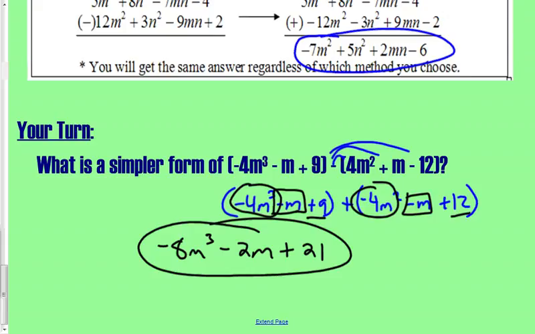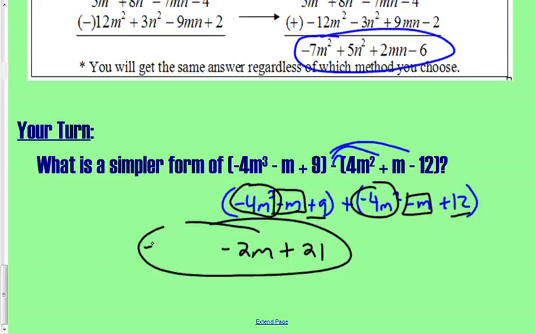All right, so there's my result. I changed it to addition by distributing that negative. And then you can add all the like terms. So negative 4m cubed plus negative 4m cubed. Ooh, I made a mistake. Those are not like terms. So those are actually separate.